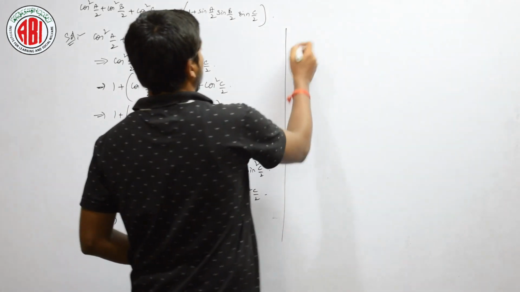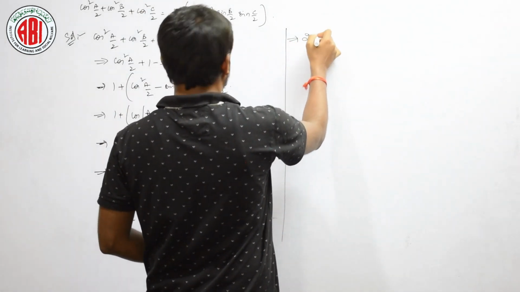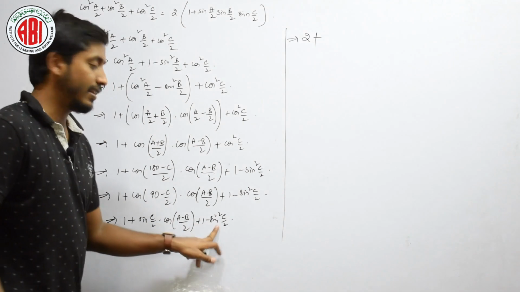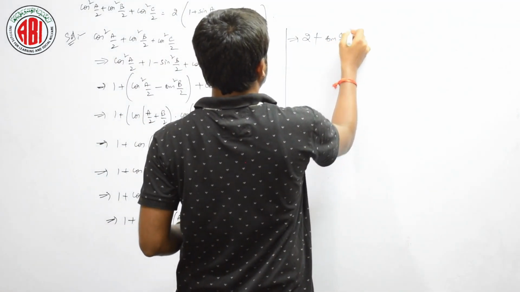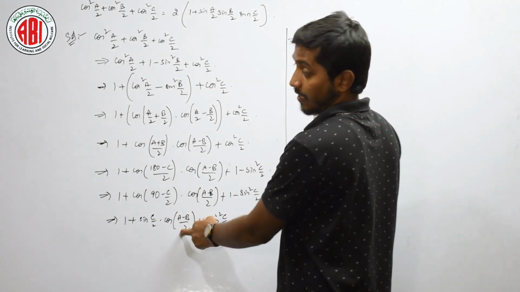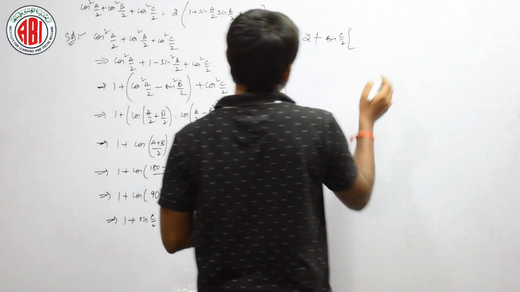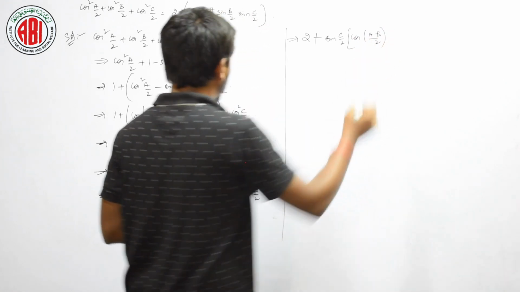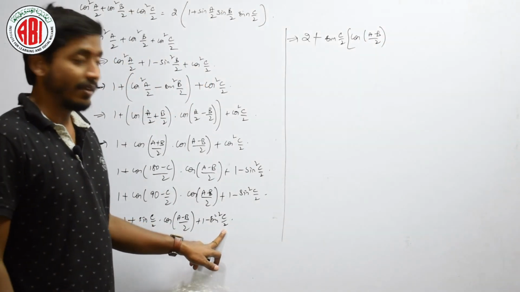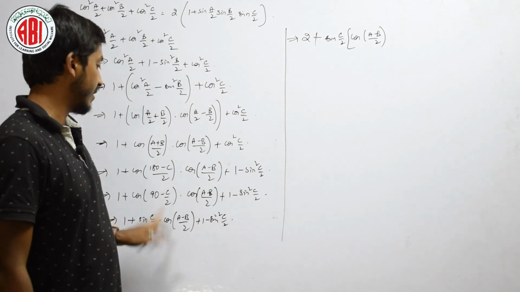This will become 2 plus, here sin c by 2 is common. Let us take sin c by 2 as common. What is the left out term here? That is cos of a minus b by 2. Here sin square c by 2, we have taken sin c by 2 as common.